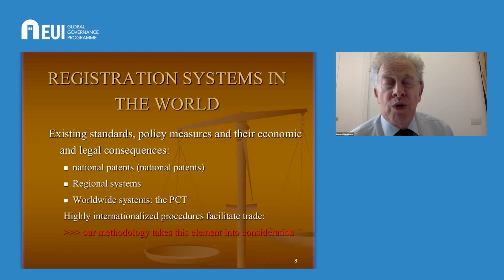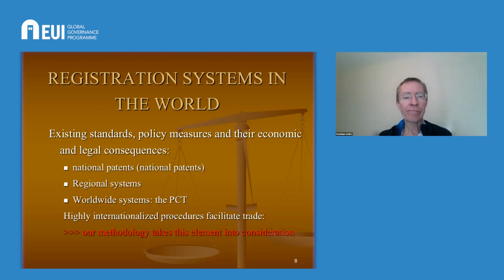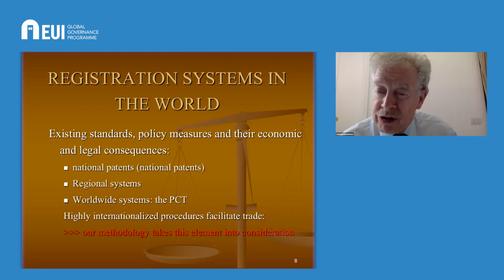There is the ARIPO one for most English-speaking countries of Africa and Sudan. There is the Eurasian one, which comprises the former Soviet Union. It's headquartered in Moscow. It comprises the former Soviet Union with the exclusion, of course, of the Baltic republics since they joined the EU, and of Ukraine, for evident reasons. But basically, this covers the former Soviet system.